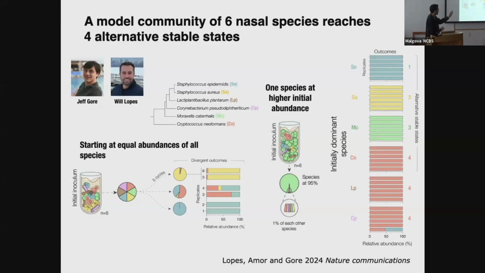After 5 cycles, this community that started with the same abundance of the 6 species had moved into this final abundance. So in 2 of the cases, a large fraction of the community was dominated by these yellow bacteria. And this is another way of quantifying the same thing.